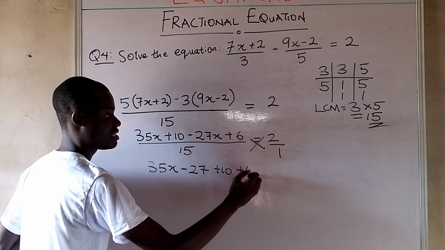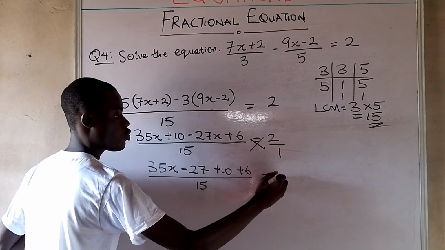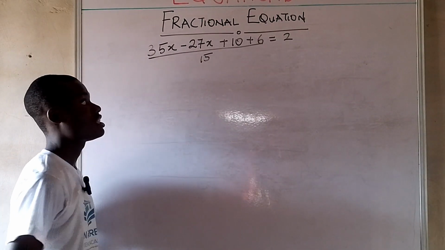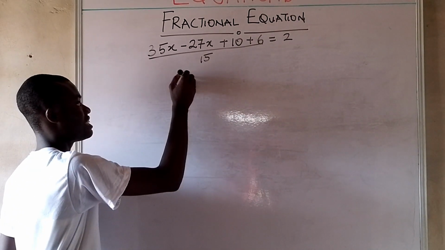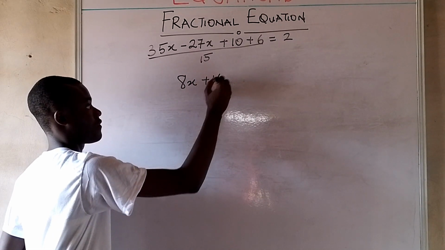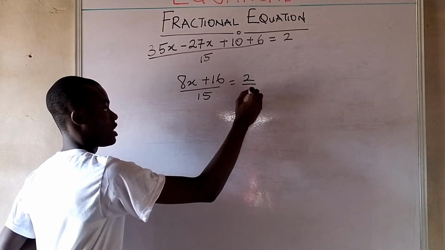And this is plus 6, over 15 is equal to 2 over 1. We are still going to cross multiply. So we now have 35x minus 27x, plus 10 plus 6. Now 35x minus 27x is 8x, plus that's 16, over 15 is equal to 2 over 1.